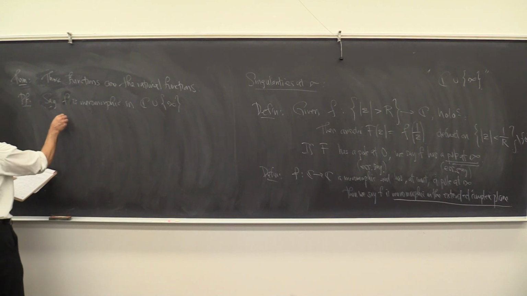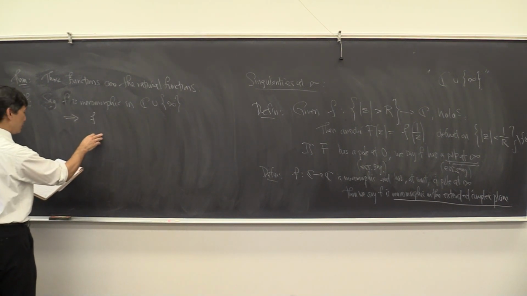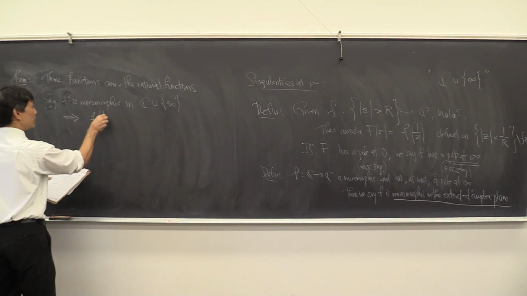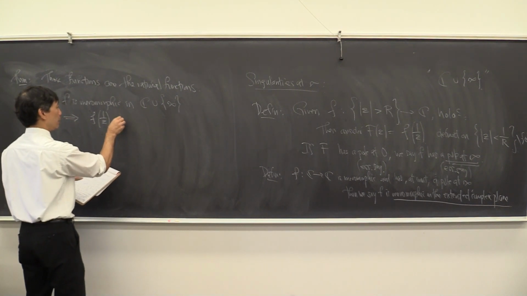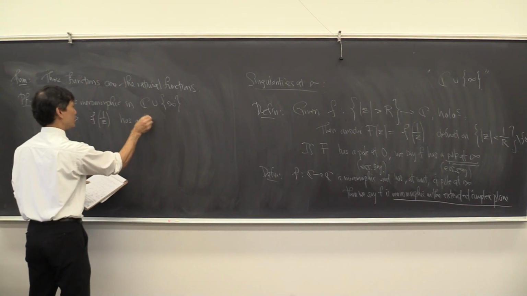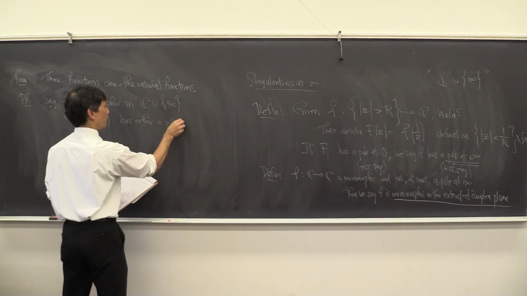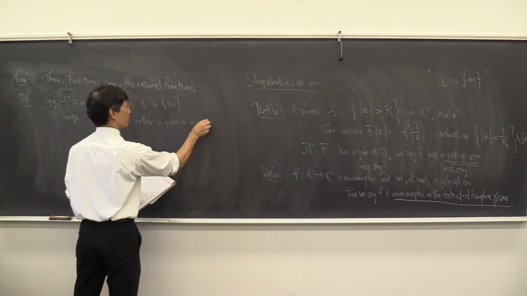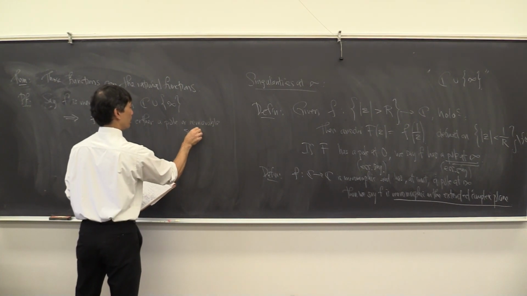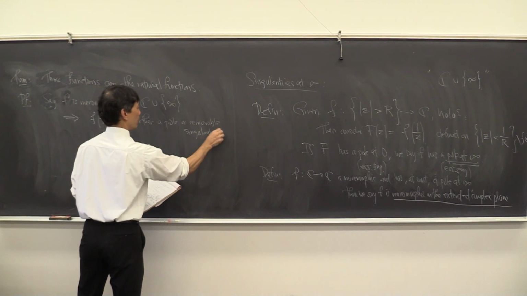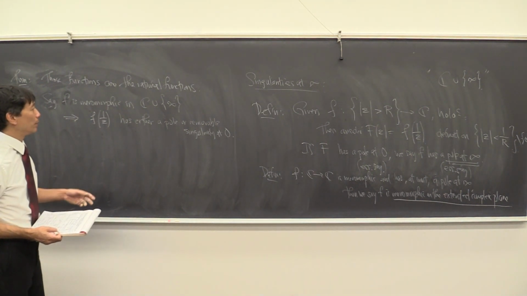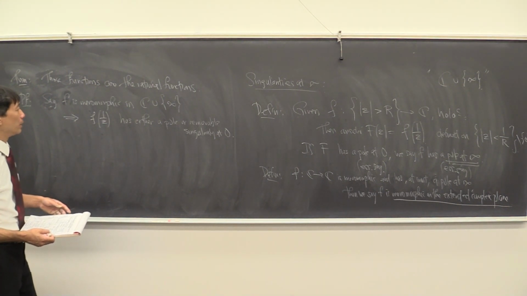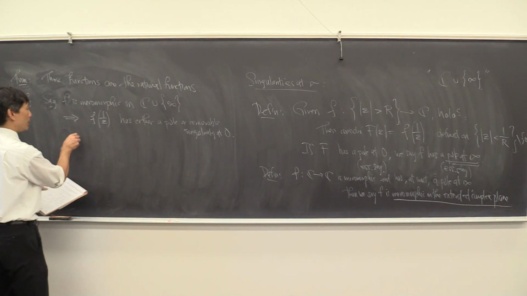Okay. So what did that tell you? That tells you that if we look at f of 1 over z, by definition, this has either a pole or removable singularity at 0. But what does that tell you?